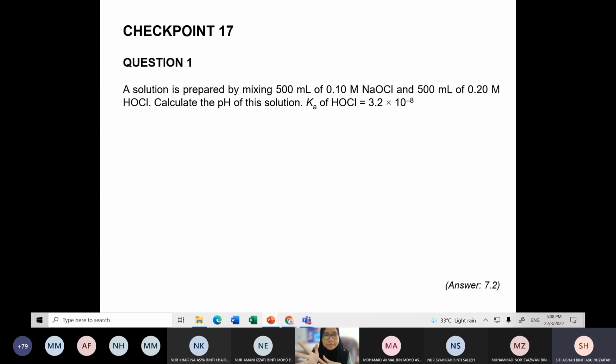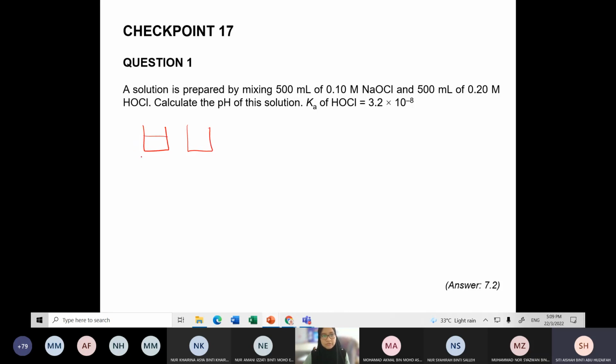Okay, a solution is prepared by mixing 500 ml of 0.1 molar sodium hypochlorite and 500 ml of 0.2 molar hypochlorous acid. Okay, so calculate the pH of this solution, and then the Ka of the weak acid is given. So you imagine, you ada dua beaker of separate solution.